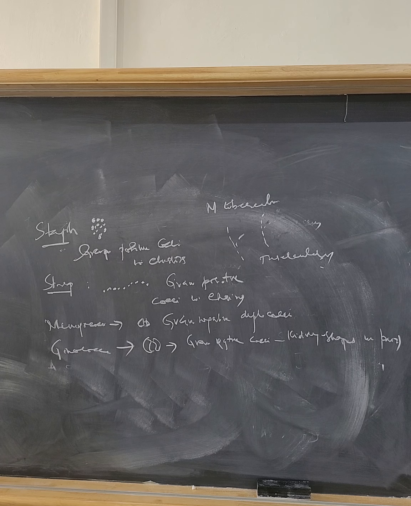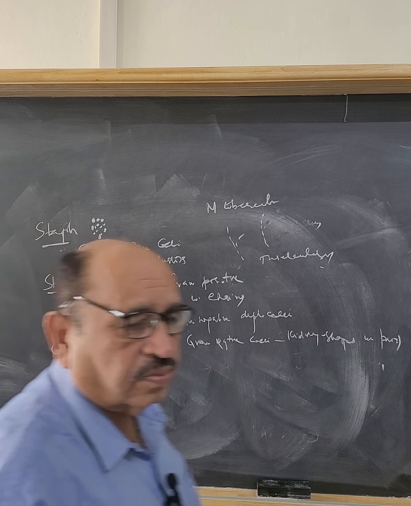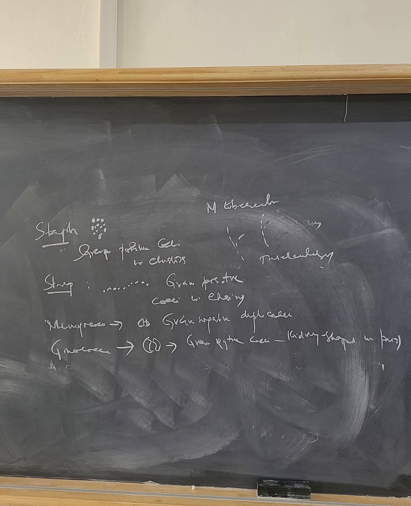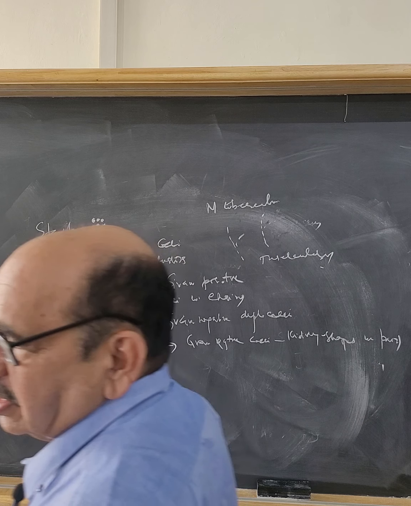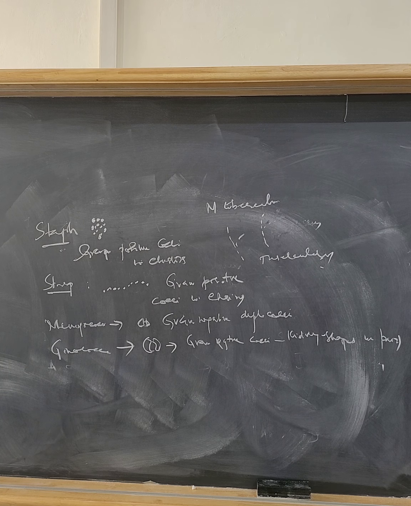Bacillus Calmette-Guérin. Here, an attenuated bovine strain of tubercle bacilli is given to prevent human tuberculosis.